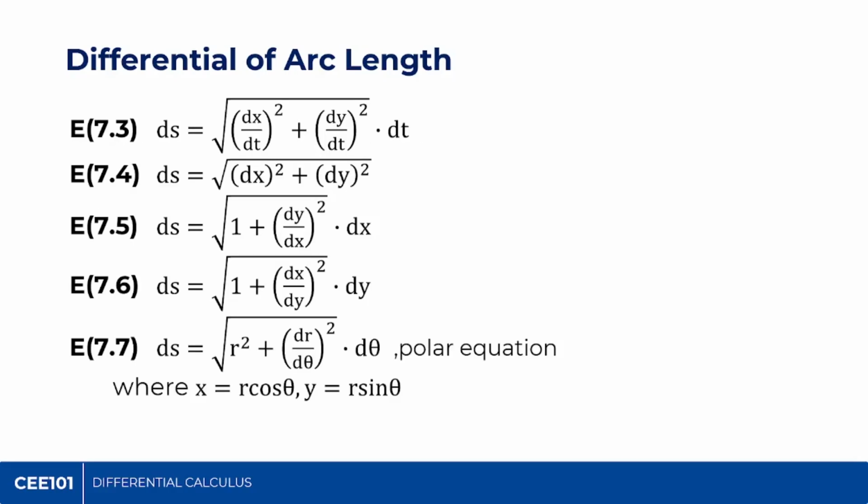Okay, and then we have several formulas for the differential of arc length. What do we mean by arc length? For example, we have here a circle. If we have a circle here, and say we have an angle here, then this one right here is what we call the arc length, and we denote this as s.